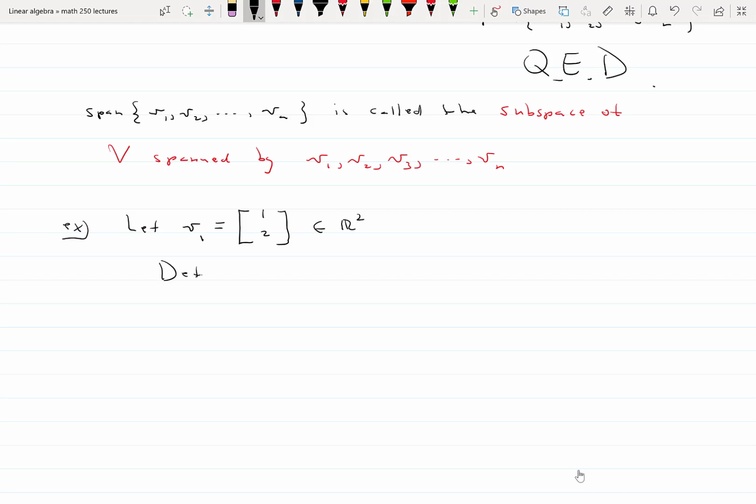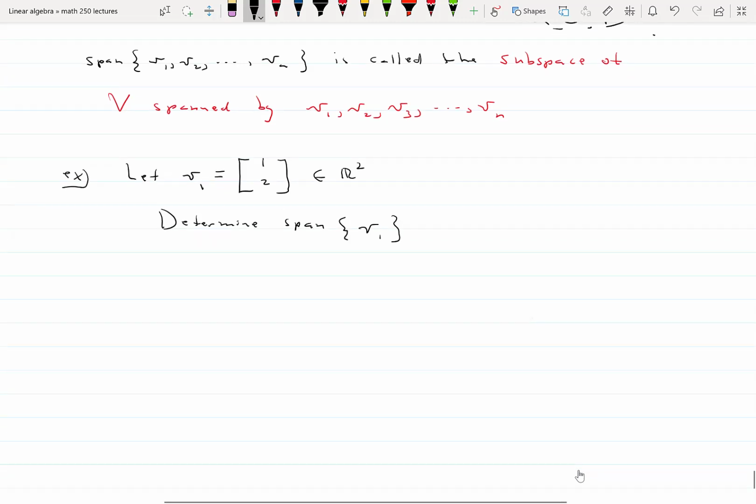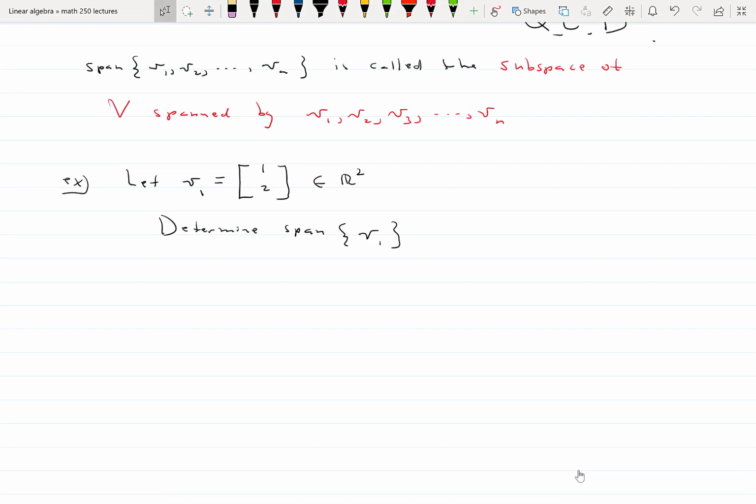Determine the span of the set of vectors, just V1, the set of all linear combinations of V1.